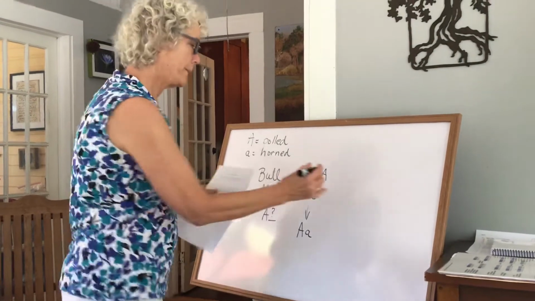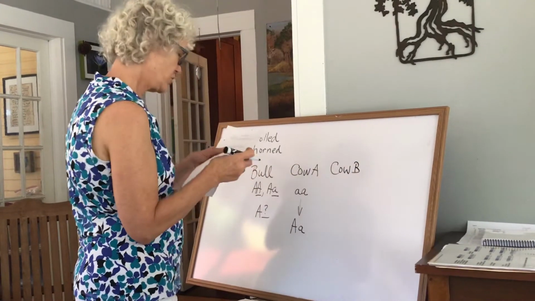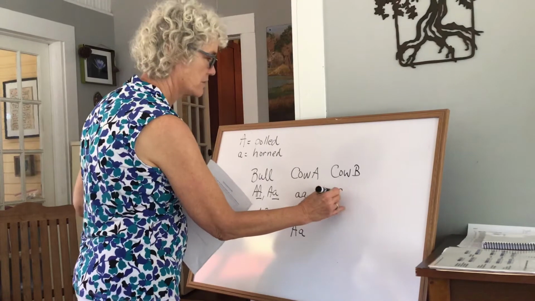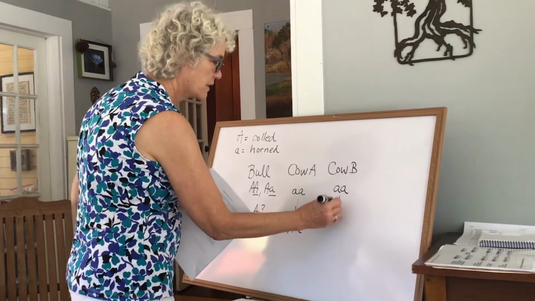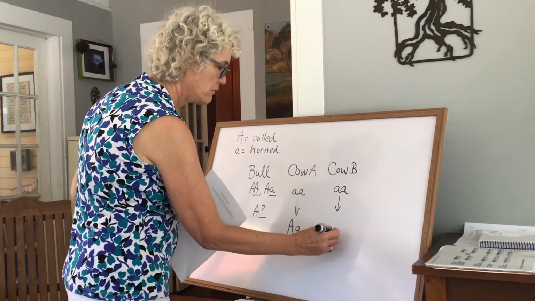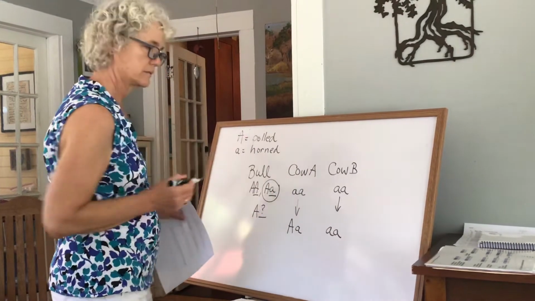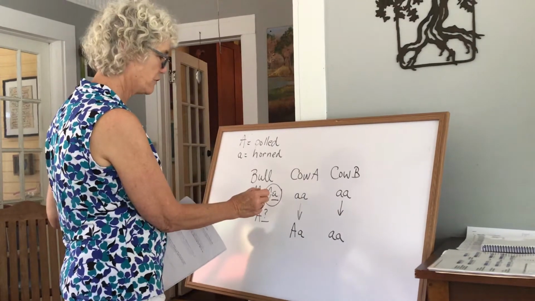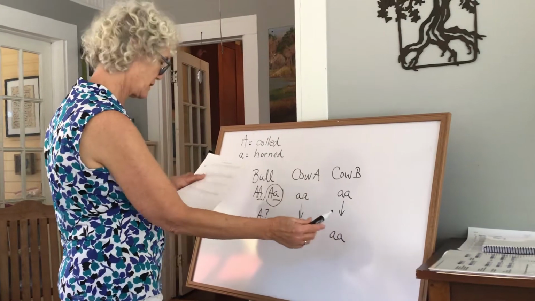Then cow B, she is also horned. So she's little a, little a. She gives birth to a horned calf. So now you know that the bull had to be capital A, little a, because he had to give the recessive gene as well as her recessive gene to make the calf.